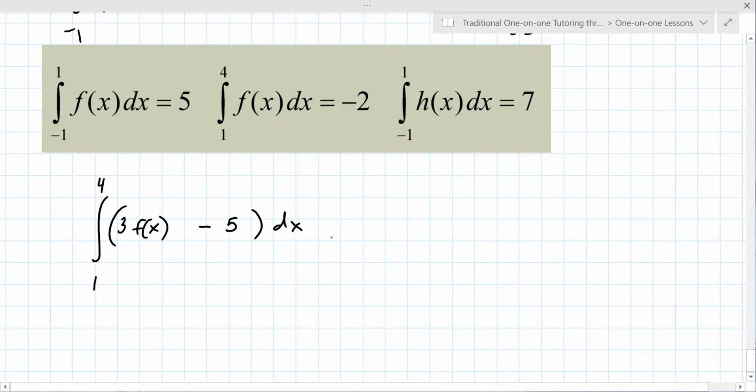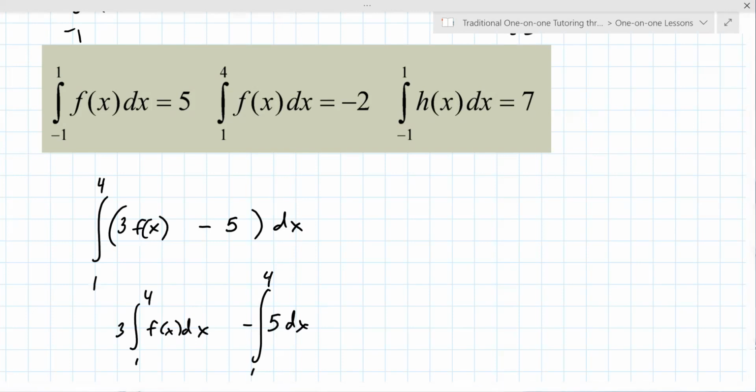Okay, so this becomes the integral from 1 to 4, 3 f of x dx, minus the integral from 1 to 4 of 5 dx. Is that clear? You just took 3. Yeah. 3 goes on the outside. You separate them. You got to write dx for both.